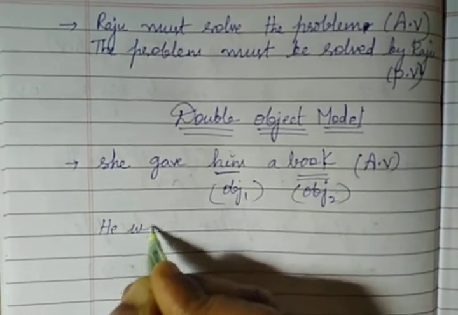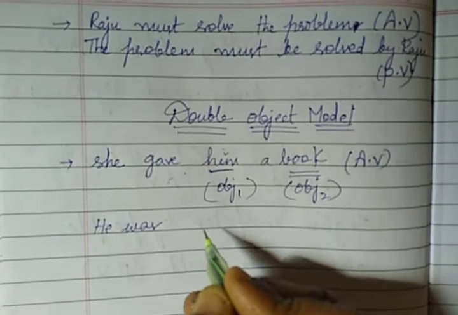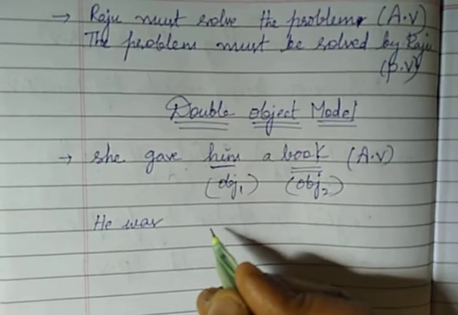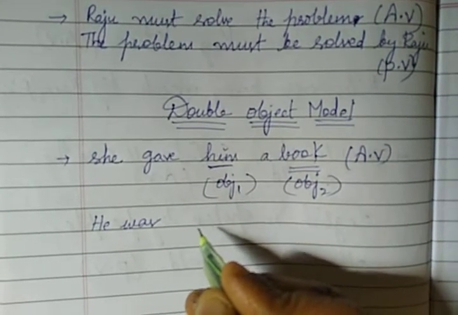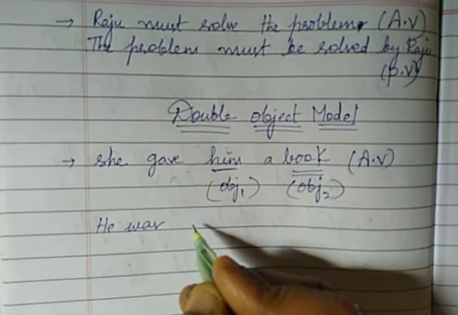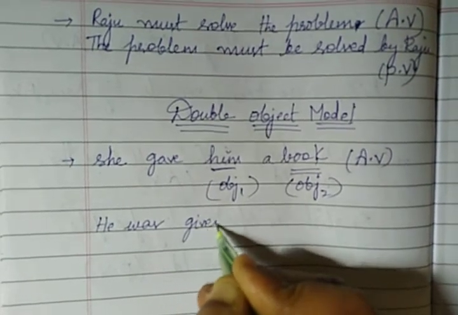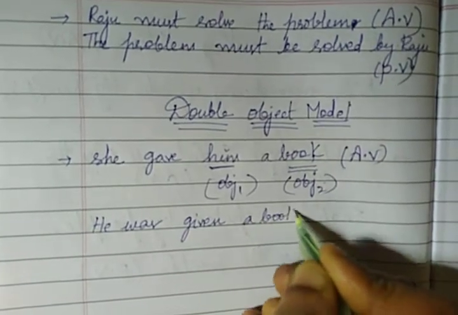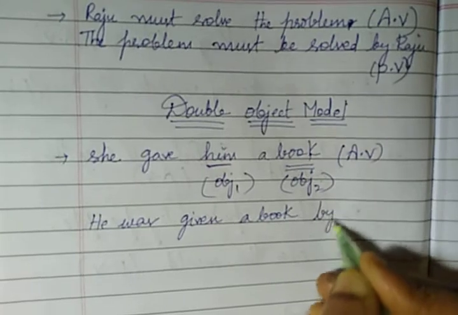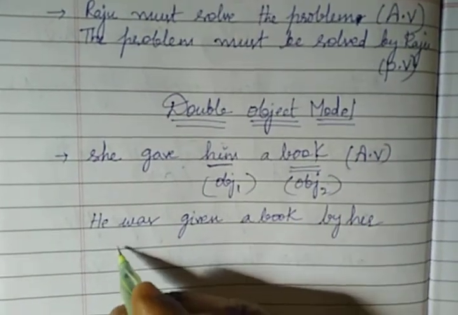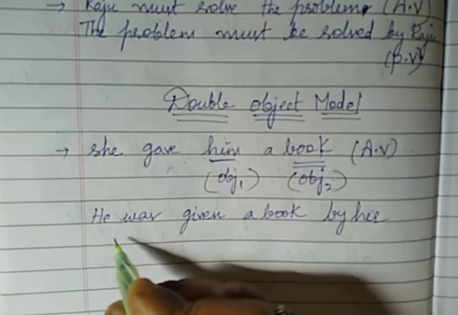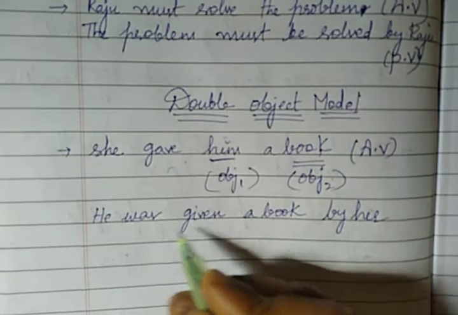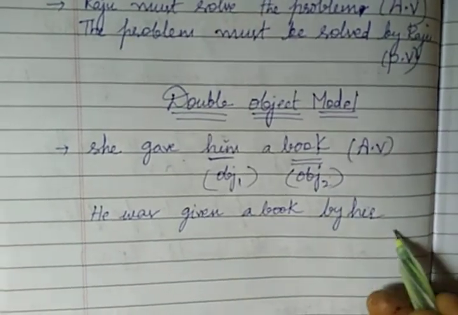Here he is the object, him. He was given a book by her. It's in passive voice, so it's in past tense, so it's was. He was plus V3 given. He was given a book by her.